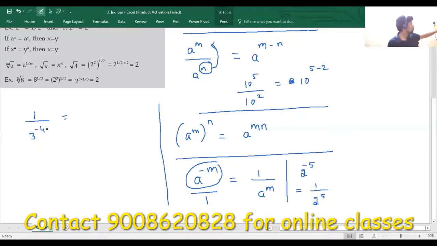Where is it negative? In the denominator. So if you send this to the numerator, you will get 3 to the power plus 4. The sign will change. All right, so please note down all this.